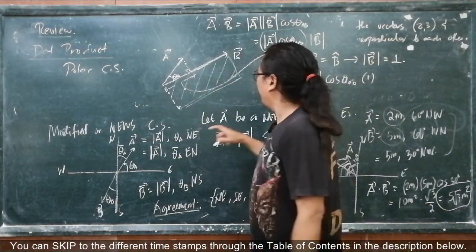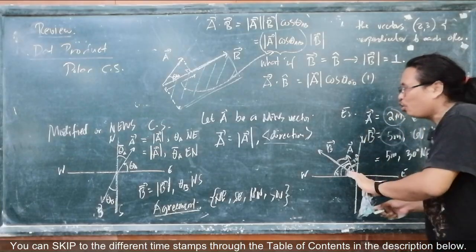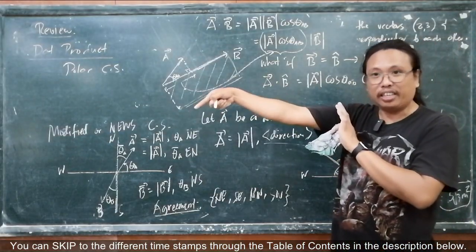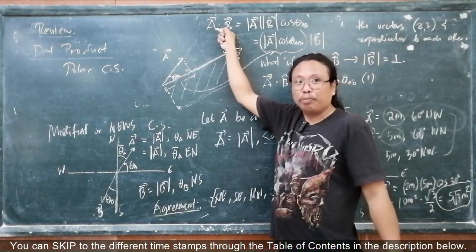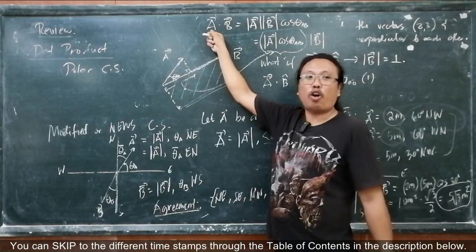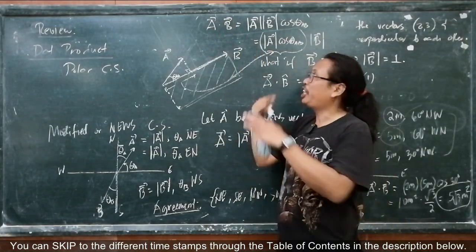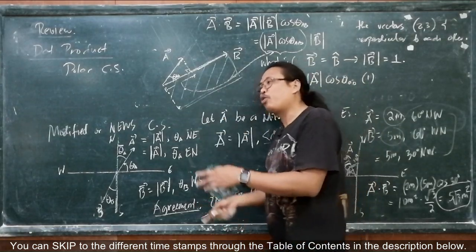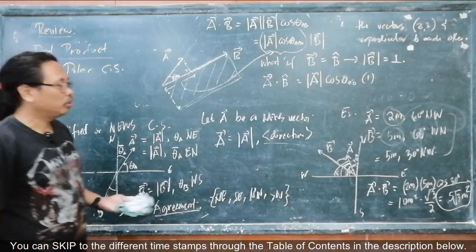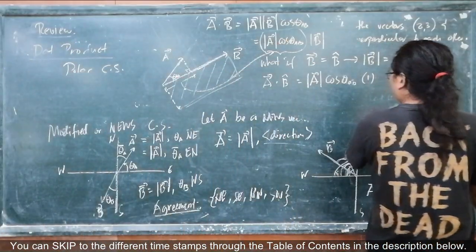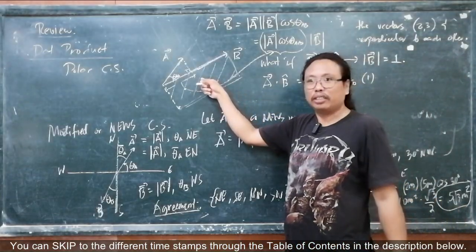And we can now see that this is the projection of A onto B. We can also do the same vice versa with B onto A. So we can call the dot product A dot B. We can say that this is the projection of A onto B, or the projection of B onto A, onto the direction of A. But to fully do that, you can convert one to a unit vector. So this is the geometric significance of the dot product.